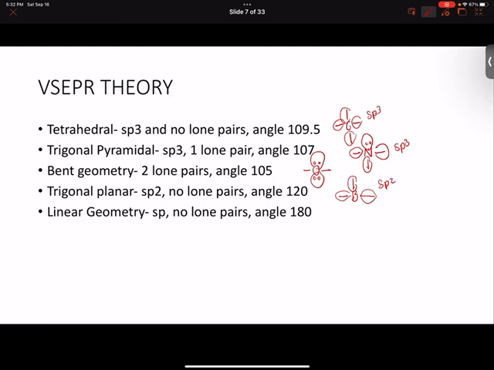And as you can see, the difference between trigonal planar and trigonal pyramidal is that trigonal planar is not going to have any lone pairs, while trigonal pyramidal does have lone pairs. And then linear geometry, sp, no lone pairs, and that can be represented in this way. We said that it's going to be sp, so we have 1, 2, sp, and no lone pairs.